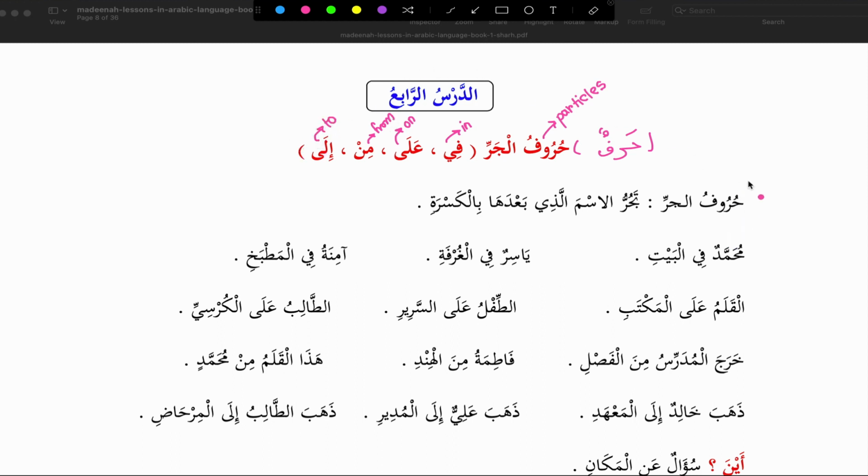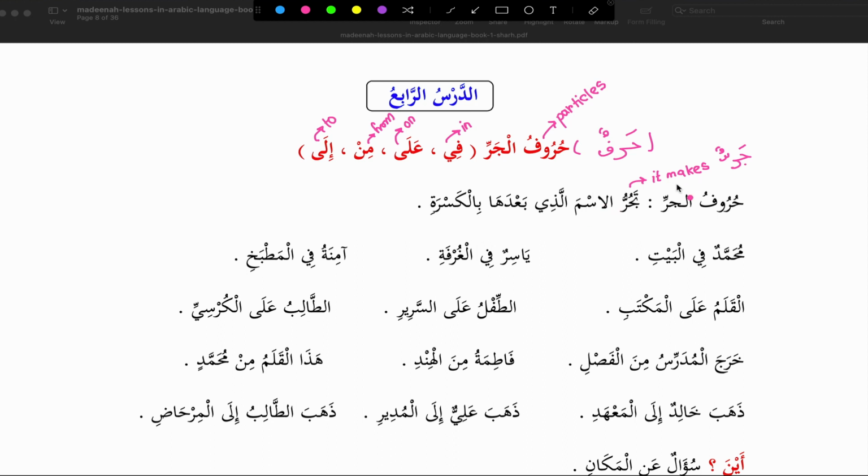So it says huruful jarri are the ones tajurru. Tajurru means it makes jarrun. Who does it make jar? Al isma.